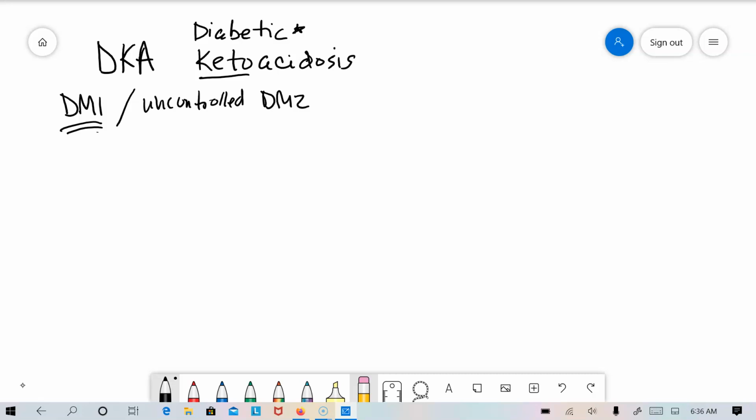When we talk about acidosis, this is going to be a pH of less than 7.35. And the ketones, they're going to have large amounts in their urine.